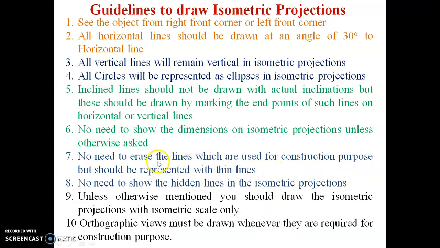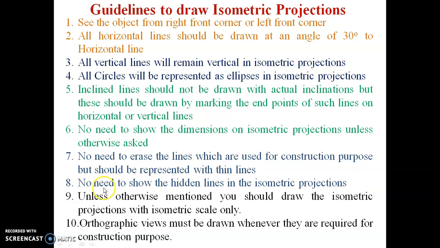When you are drawing the isometric projection of any solid or combination, you will have to draw some lines which are required for the construction of the remaining solid. Such construction lines you don't have to erase; you can represent them with thin lines. Guideline 8 says that there is no need to show hidden lines in the isometric projection.